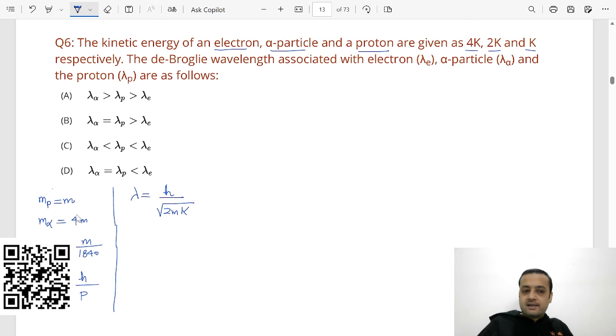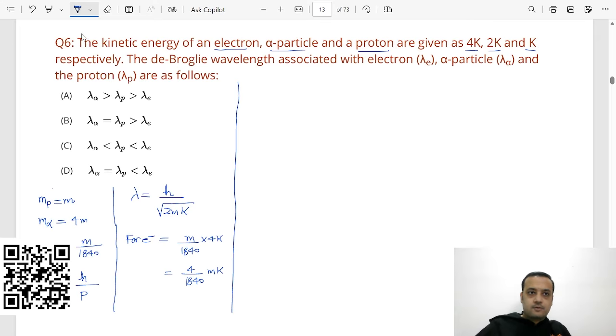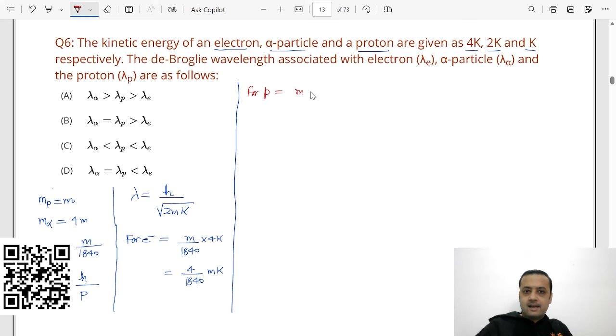Now let's try to see the product of mass into kinetic energy for each particle. For the electron, the mass is m upon 1840 into kinetic energy 4k. So this becomes 4 upon 1840 into mk. For the proton, the mass we have taken as m, and the kinetic energy was given as k only, so it is mk only.